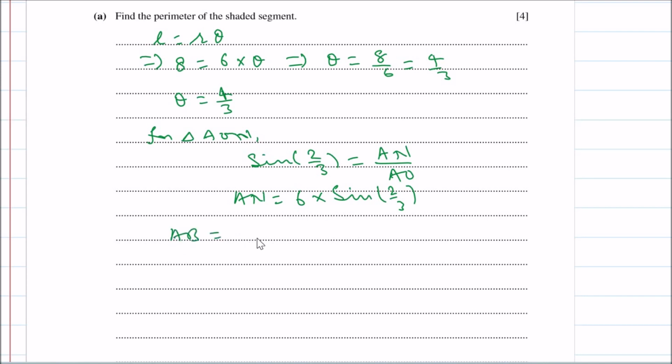AB equals 2 times AN, so 2 times 6 times sine 2 by 3. And if you evaluate this, we get 7.42 centimeter.